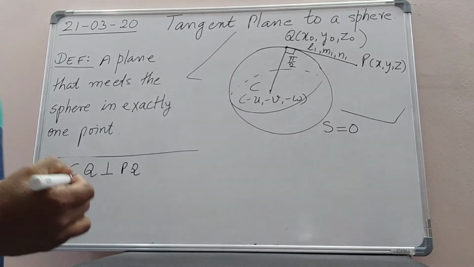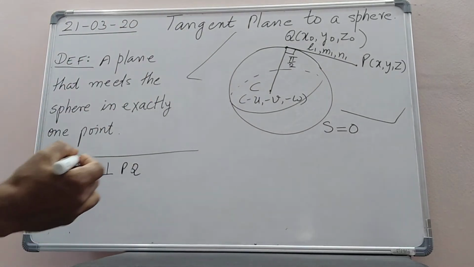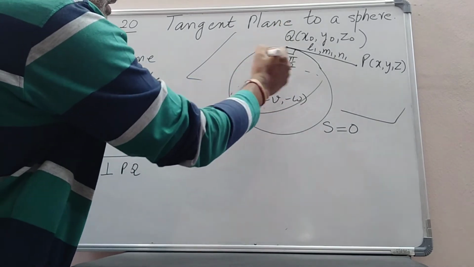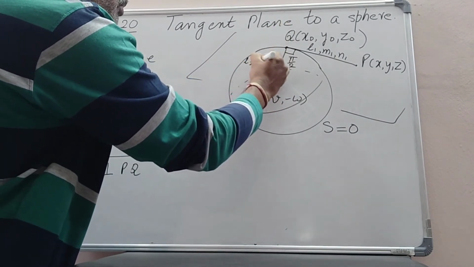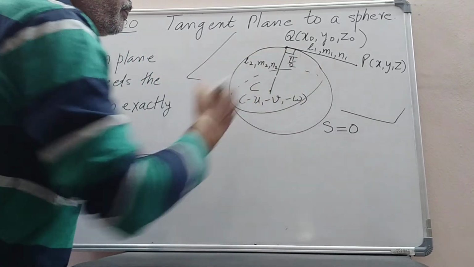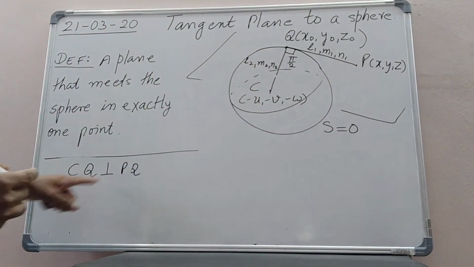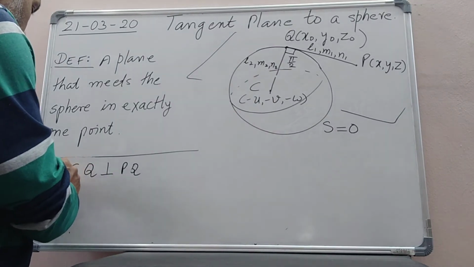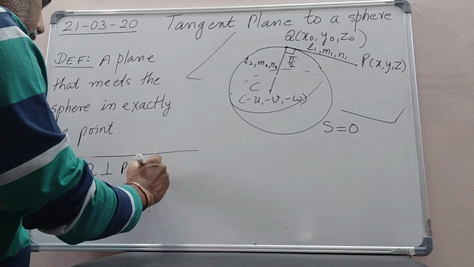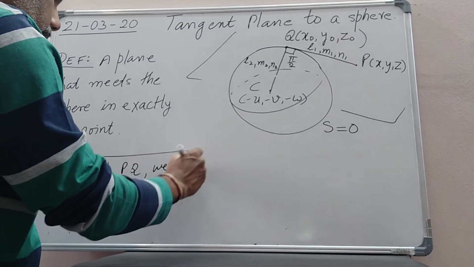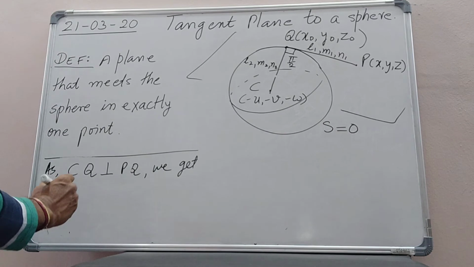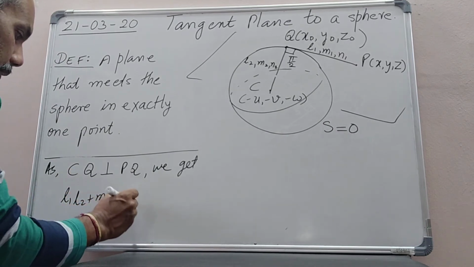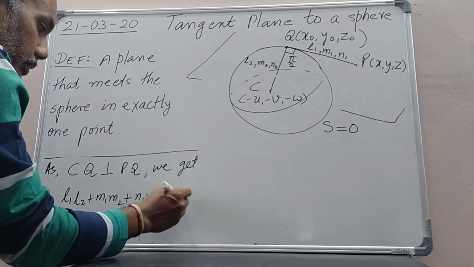So these are the direction ratios of the line passing through P and Q. Similarly, the direction ratios of the line passing through C and Q, let me assume to be L2, M2, N2. Because of this perpendicularity, we get L1 L2 plus M1 M2 plus N1 N2 equal to 0.